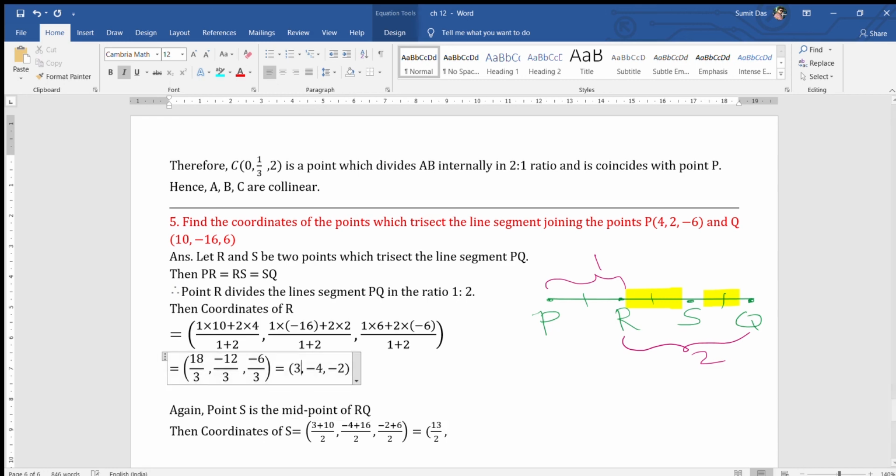Here it was 6, right? Sorry, my mistake. 18 divided by 3 is 6. Minus 4 minus 2, yeah. So here it will be 6. 6 plus 10, it will be 16 by 2, 16 by 2, comma 12 by 2, comma 4 by 2. If you compare this one, this will be 8, comma 6, comma 4.